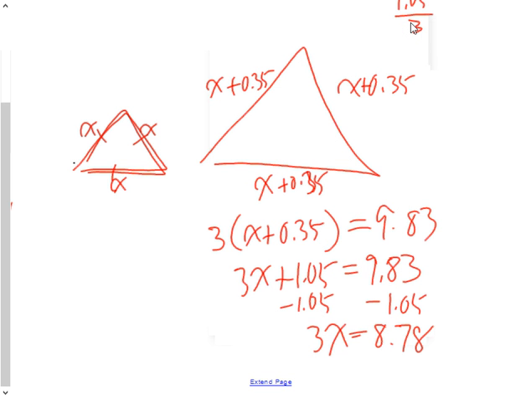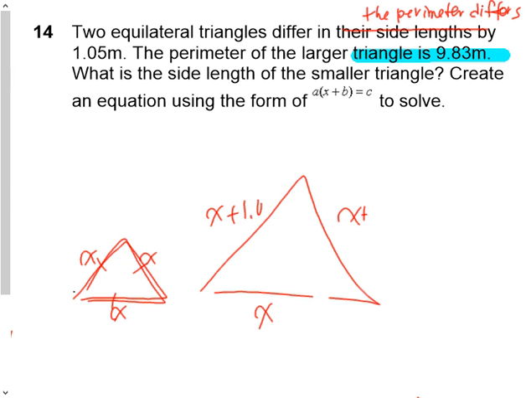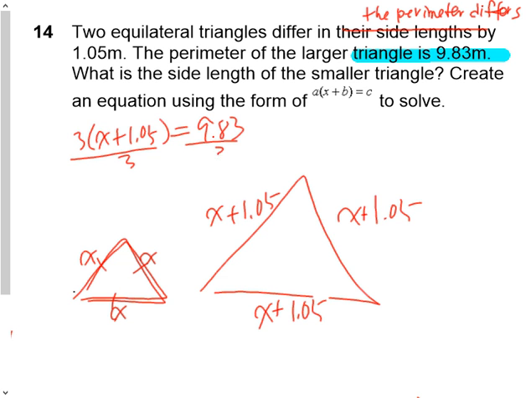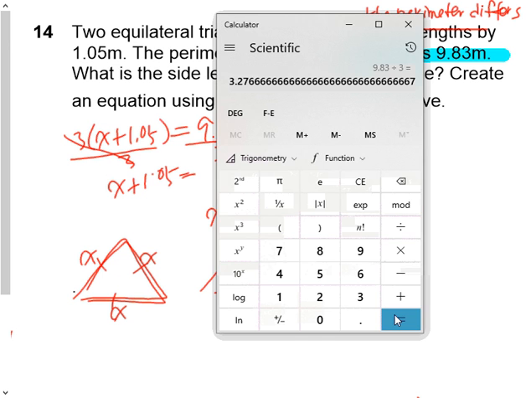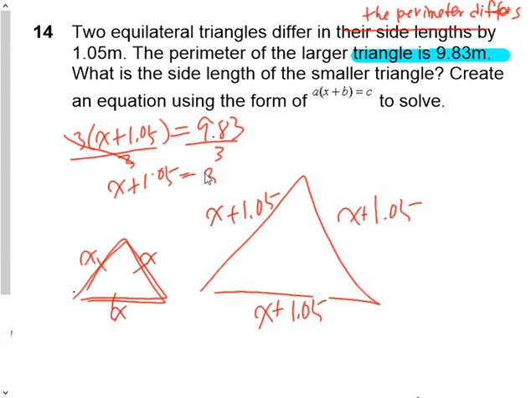Okay. I'm going to press pause and make a correction. So it was supposed to be this. Each of those sides is 1.05. And if we take that and go three sides of this is equal to the perimeter of 9.83, divide both sides by 3, then one of those side lengths is equal to 9.83 divided by 3 equals, oh, poopy darn, 3.3 approximately.